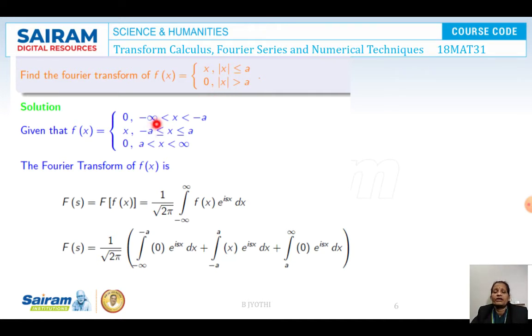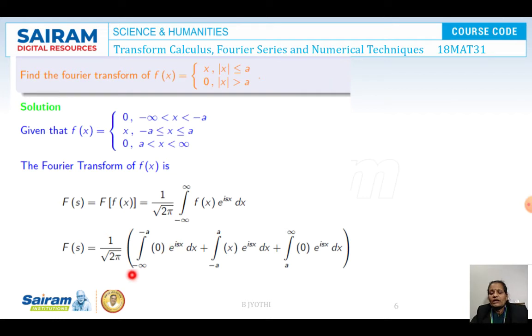Therefore, from minus infinity to minus a, it will be 0, and also a to infinity is 0, except minus a to plus a, all other places it will be 0. Now, consider the Fourier transform. F of s is given by 1 upon root 2 pi integral minus infinity to plus infinity f of x into e power isx into dx.